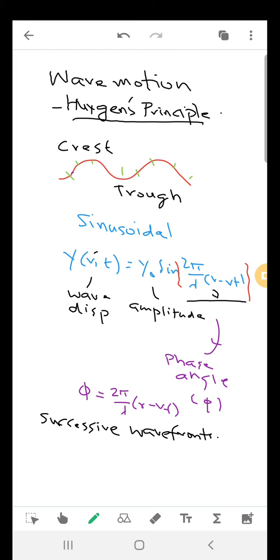Let's say for the first case it is π/2, and for the next case the value of phi is π/2 plus 2π, and then π/2 plus 4π, and so all the wavefronts will be 2π radians apart.